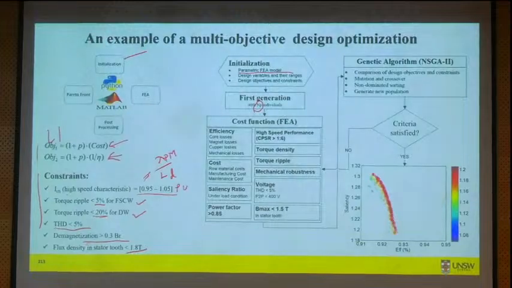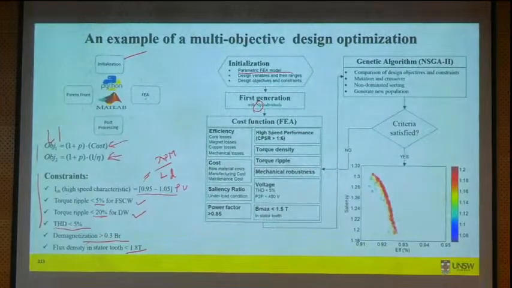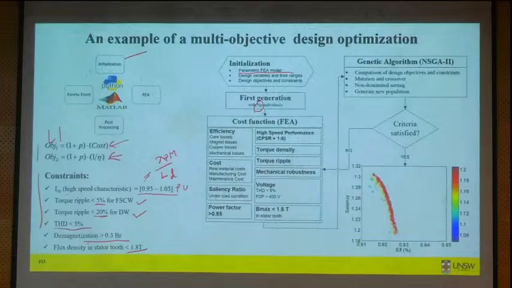And then those first generation designs need to be evaluated, right, for various things. So that's the cost function for optimization, and this evaluation of cost function happens in FEA, finite element. So after initialization, that's why it goes to finite elements. So the interface between your algorithm and finite element is done through a Python program, so that we can automate this process.